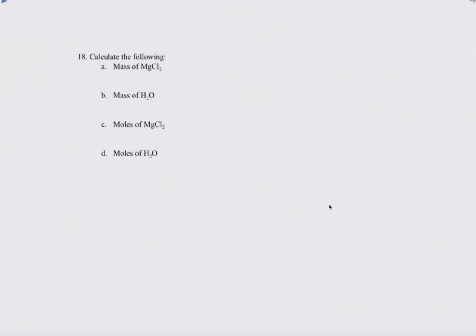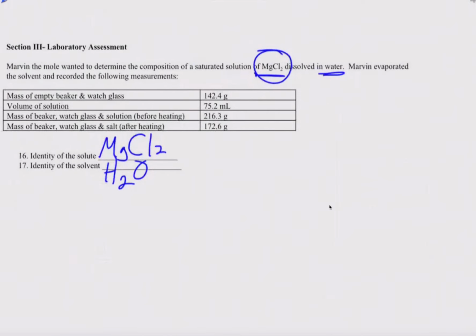What is the mass of the magnesium chloride used in the experiment? Well, if we go back to the table here, it says that the empty beaker weighed 142.4, and the beaker with the salt in it, the magnesium chloride in it, after all the water had been boiled away, was 172.6.